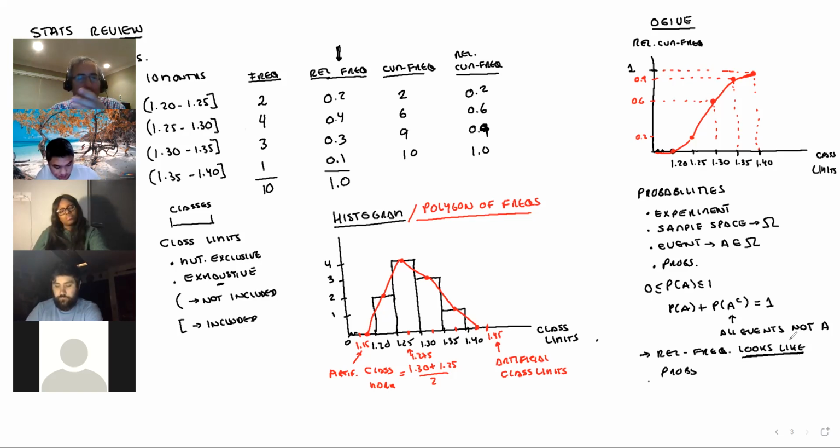Why can we not say that these numbers can be used as probabilities? Do you understand what I'm telling you? Why can I not say that relative frequencies as they are here represent probabilities?